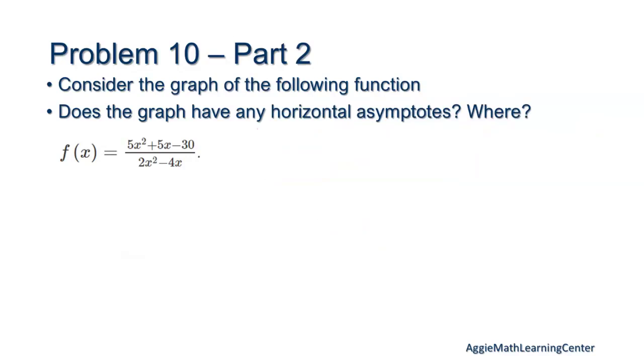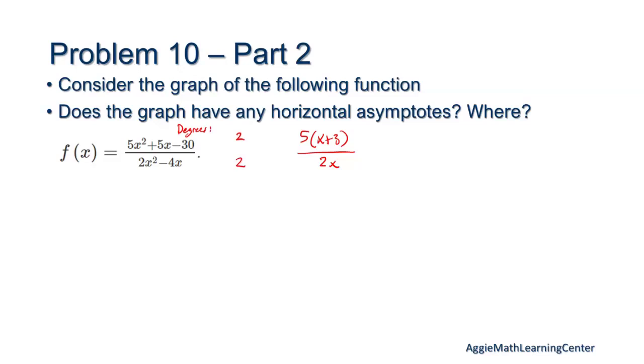Now, does this graph have any horizontal asymptotes? So if we remember our reduced form, 5(x plus 3) over 2x, our horizontal asymptote comes from looking at the degrees of the polynomials, first of all. So the degree of the numerator is going to be 2, and the degree of the denominator is going to be 2 as well, which means that we look at the lead coefficients.